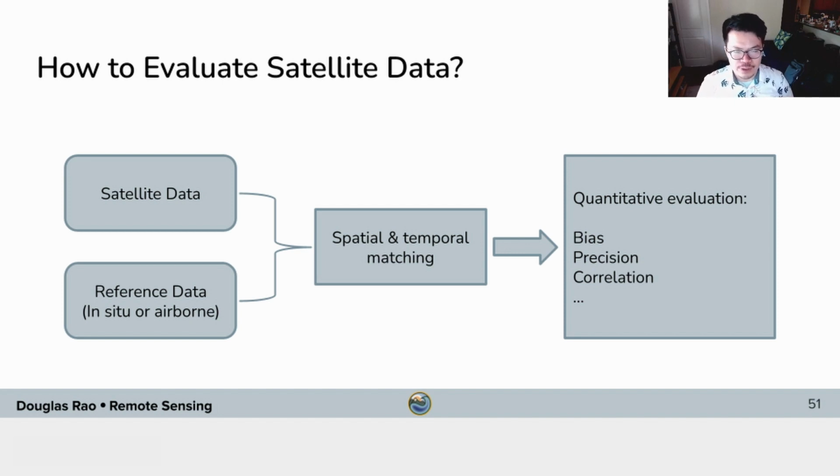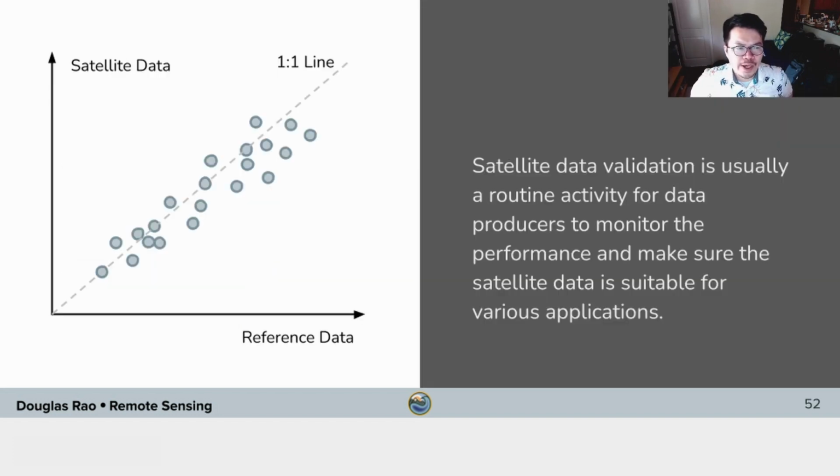Those quantitative metrics can give us confidence and information about how good satellite data is and whether it can be used for different types of applications, including climate applications. When we are comparing the data pairs between satellite data and reference data, we often plot them in a scatter plot.